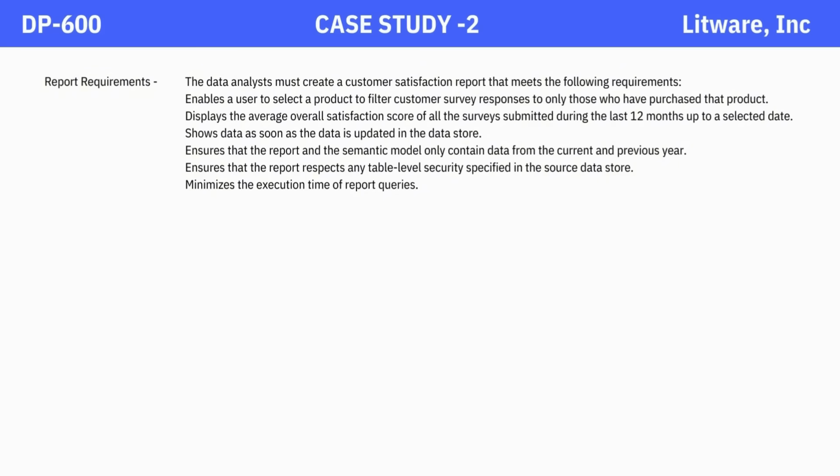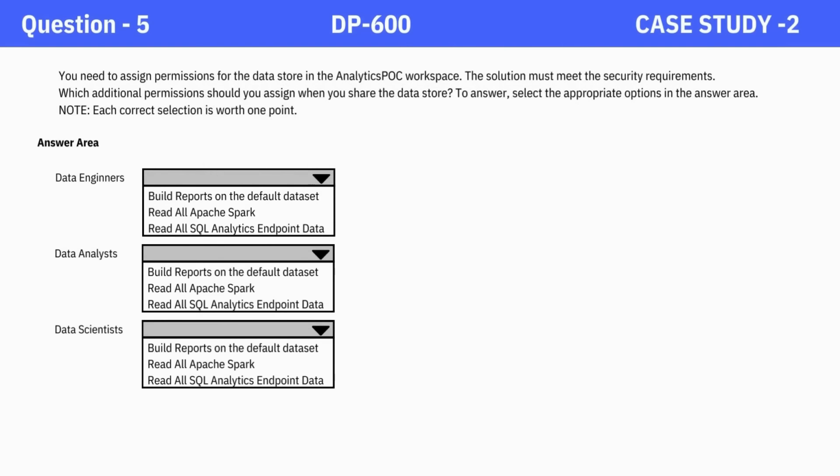Shows data as soon as the data is updated in the data store. Ensures that the report and the semantic model only contain data from the current and previous year. Ensures that the report respects any table-level security specified in the source data store, and minimizes the execution time of report queries.